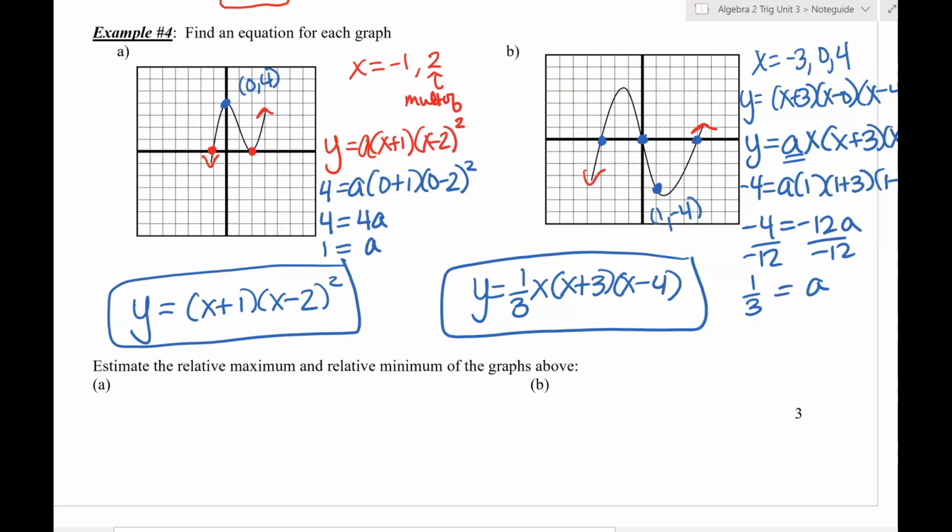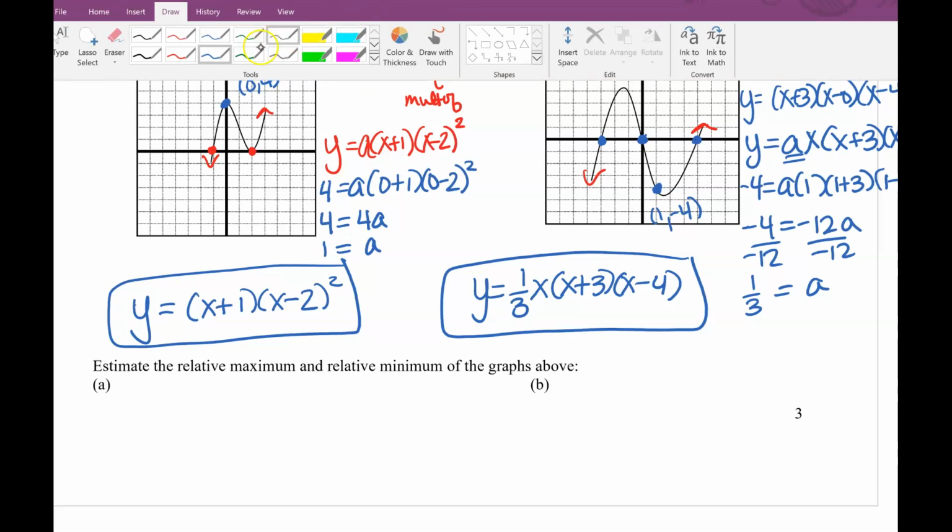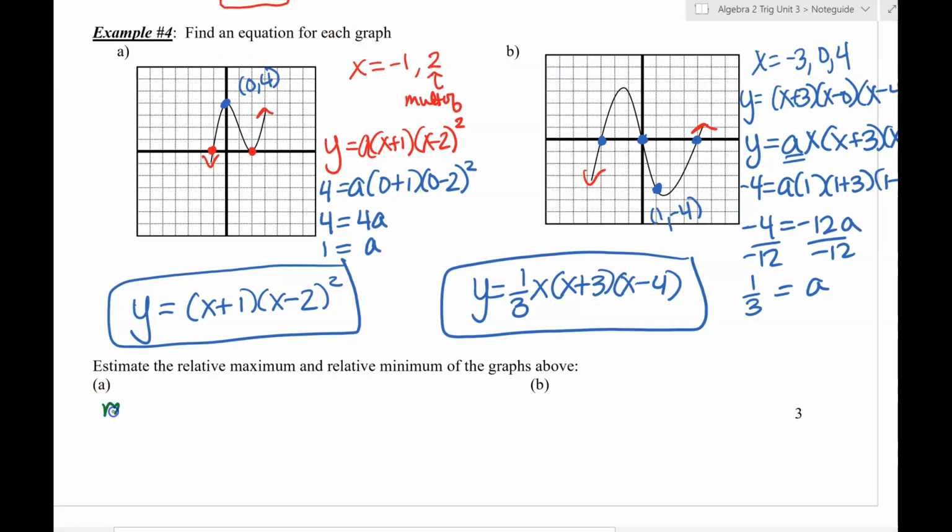Now, in the next portion, we're using the vocab we talked about, relative minimum and relative maximum. So you guys have estimated turning points in the previous lesson. This is just now using a more specific name. So the relative maximum here looks like (0, 4). And the relative minimum looks like (2, 0).